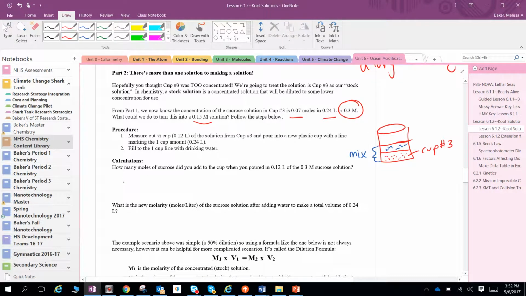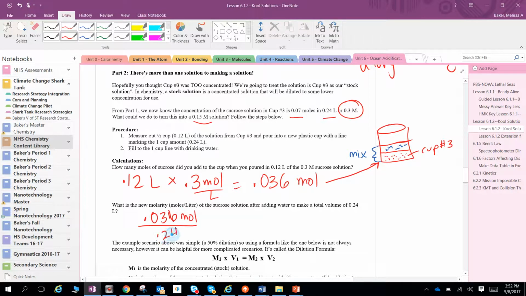Putting this with a calculation, we were adding 0.12 liters of that 0.3 moles per liter solution, which is the same as saying we added 0.036 moles of sugar to that new cup. But now, because there's more water in it, the total volume is 0.24 liters. Now the concentration is only 0.15 molar instead of the 0.3.